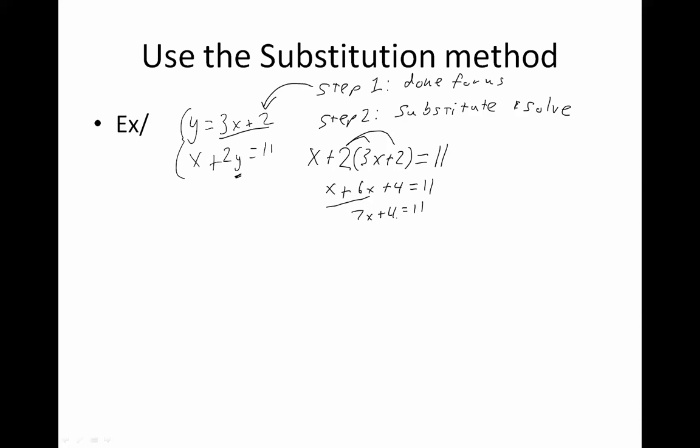Now it's become a standard linear equation that we have been solving for quite some time. We're going to subtract 4 from both sides and get 7x equals 7. And then we're going to divide both sides by 7, and we're going to get x equals 1. So we actually have half of our solution. We have the x value. That's great, but we're not done yet, because it's an ordered pair, right? We need the x value and the y value.